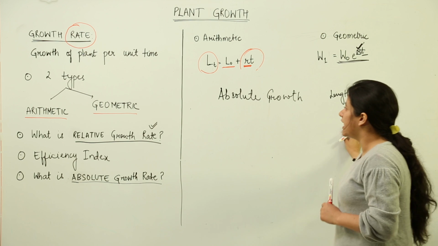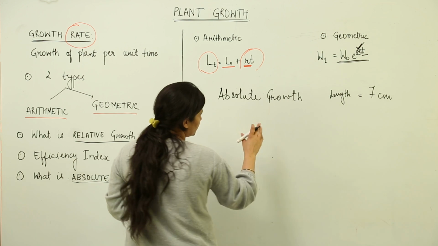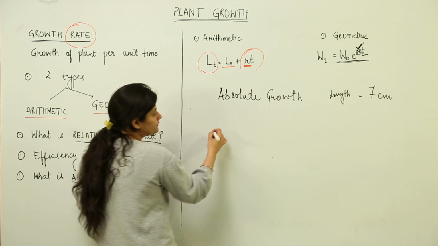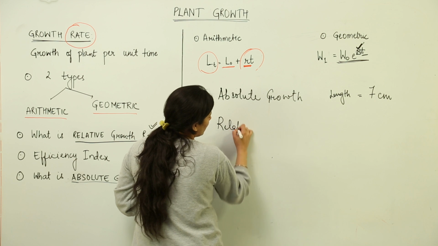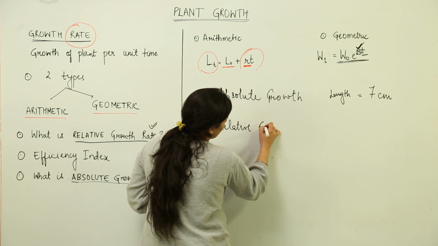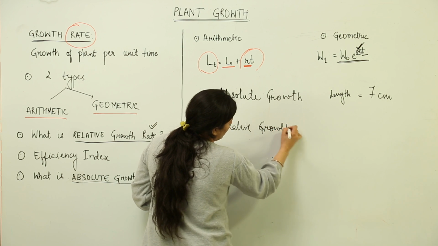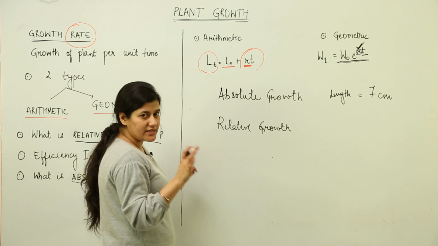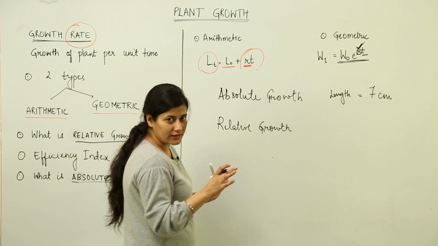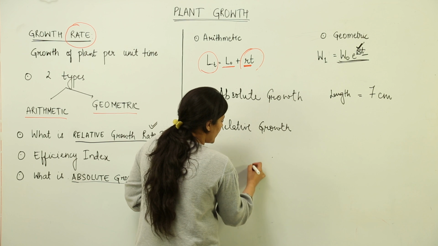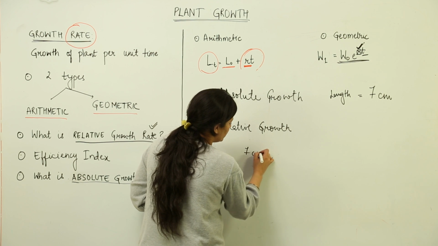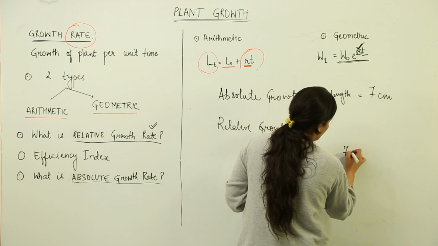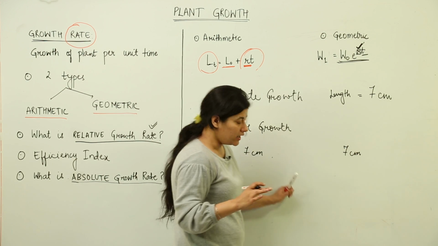Now please understand how I am going to explain relative growth to you. Supposedly a plant has shown 7 centimeters of growth. Two plants are there. We are going to consider two plants. One plant has shown 7 centimeters of growth, while the other one has also shown 7 centimeters.